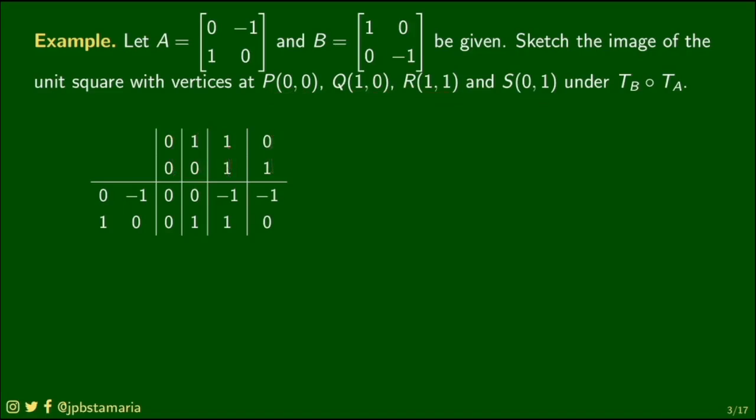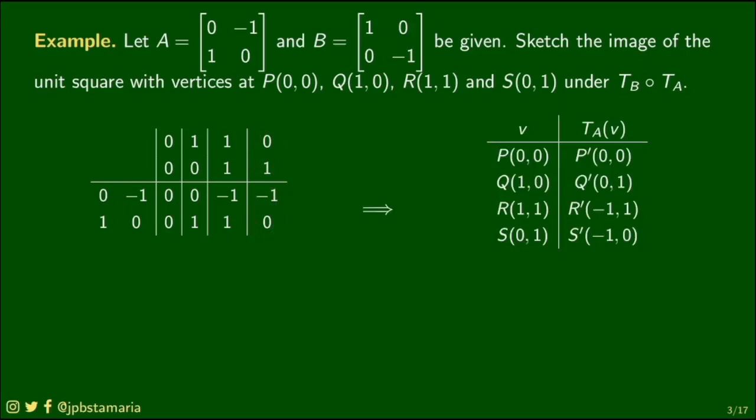Then I perform matrix multiplication to get the images. Upon doing matrix multiplication, I saw that the image of 0, 0 is again 0, 0. The image of 1, 0 is 0, 1. The image of 1, 1 is minus 1, 1. The image of 0, 1 is minus 1, 0. And I summarized it in the following table.